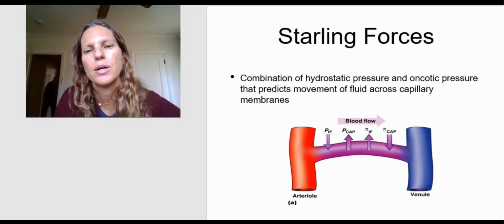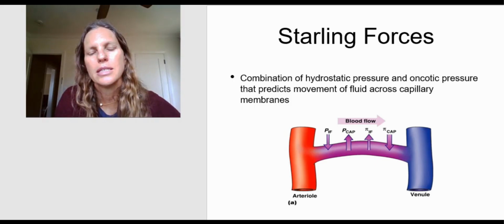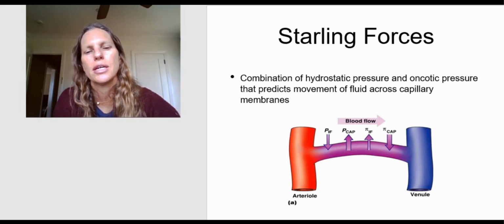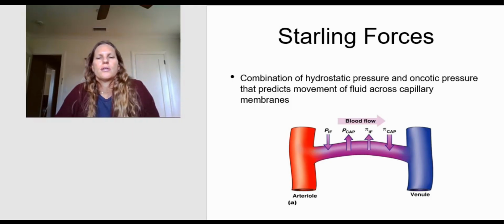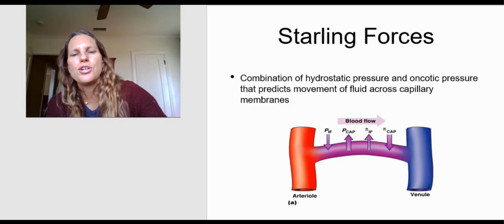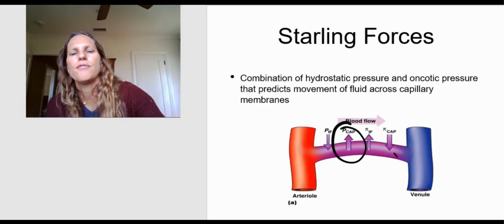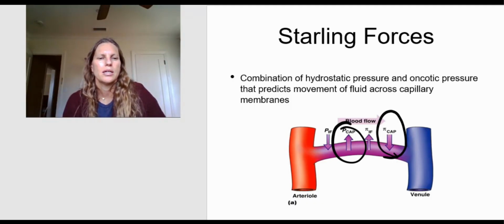Then we're going to see that fluid pulled right back into the capillary because of the presence of proteins. That little pi symbol there is your oncotic pressure. So when you look at this, you can see that on the arterial end we're pushing more blood out, and on the venous end we're pulling more blood in.